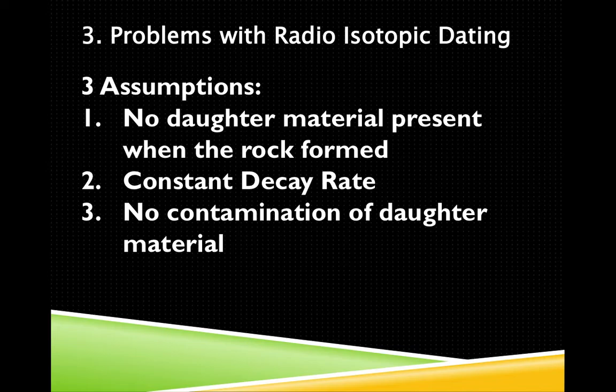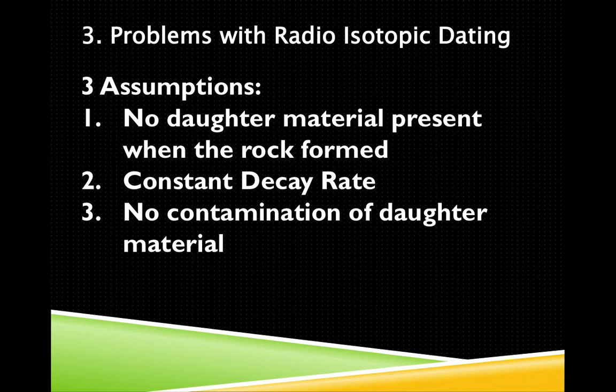So the three assumptions that we talked about in class, as we related it to me putting pennies in the can: the first one we said was no daughter material was present when the rock formed. The second assumption was that the decay rate is constant, and the third, that there's no contamination of the daughter material. And as we said in class, if any single one of these assumptions is incorrect, then it is next to impossible to date rocks using radioisotope dating.